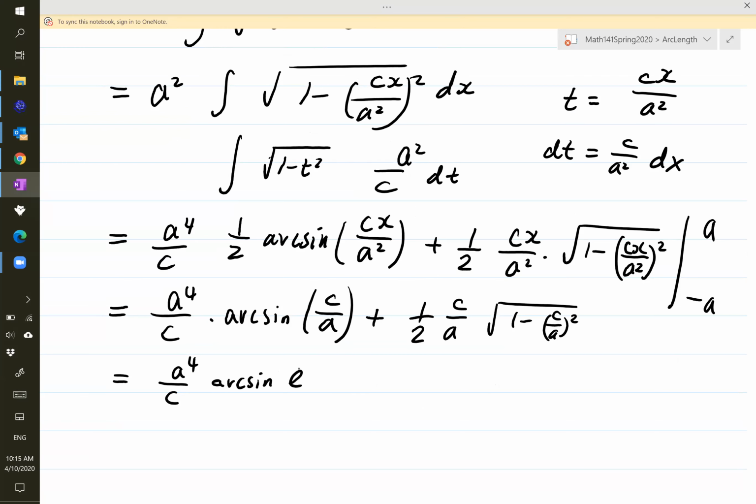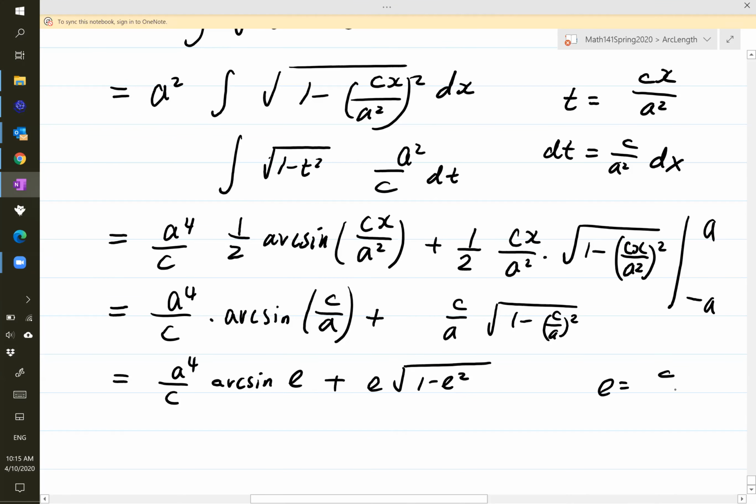This e is characterized in an ellipse: eccentricity. So it's no longer just 1/2 anymore. So it's e y minus e squared. Here e is c over a.